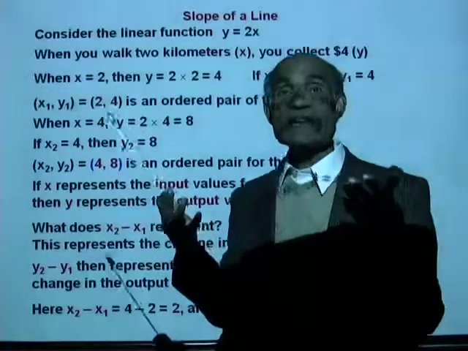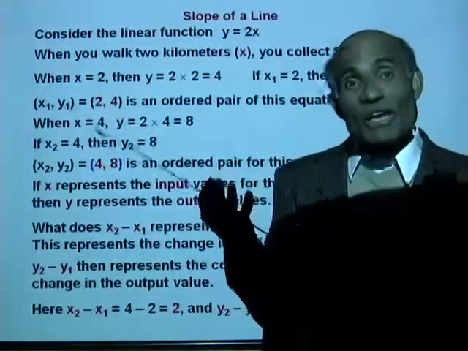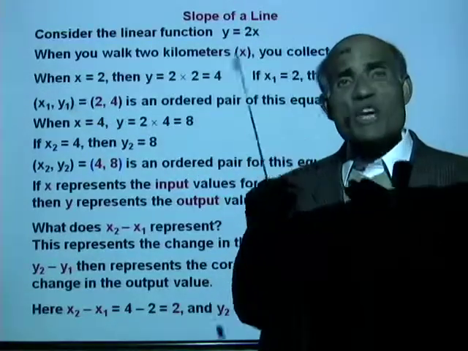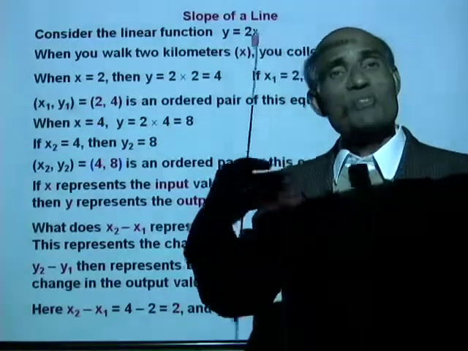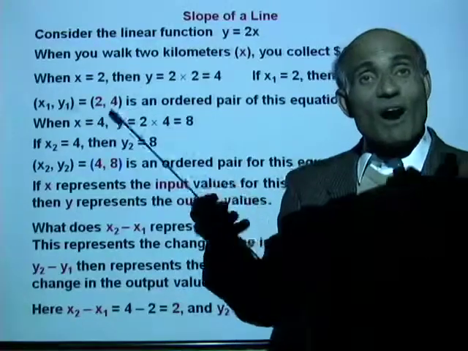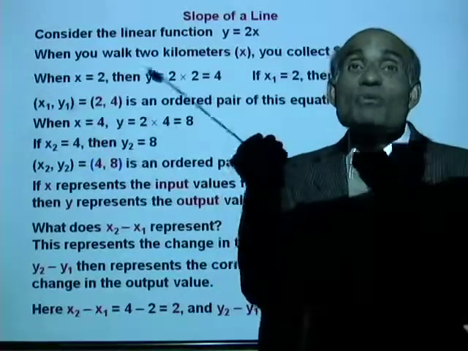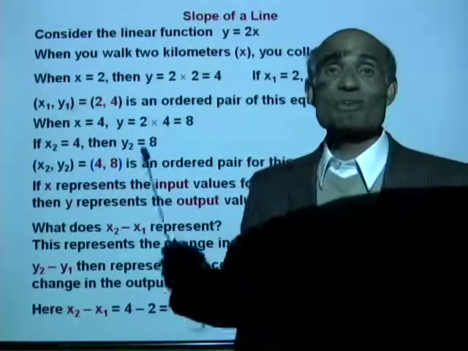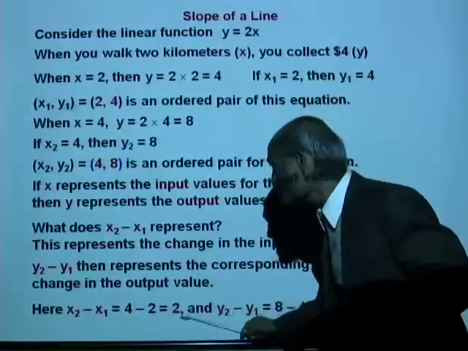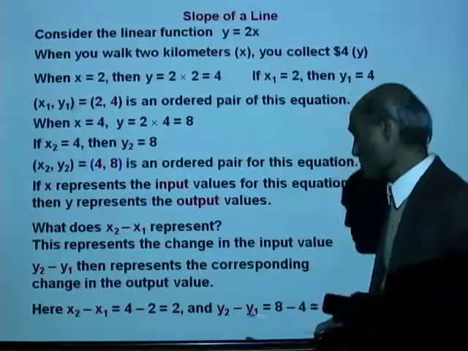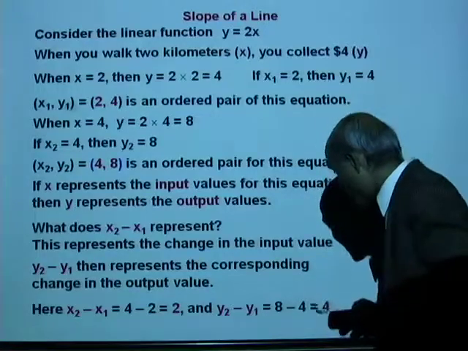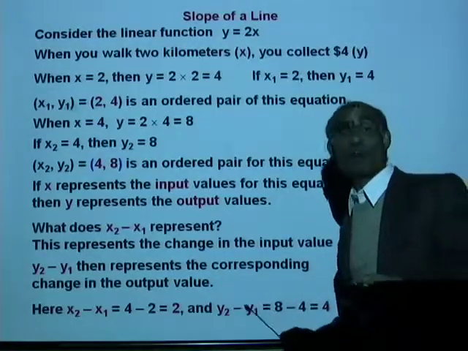You see, in algebra and calculus, the change in the input and the change in the output are always very important, and we relate them. So when the input changed by 2 kilometers, the output changed by $4.